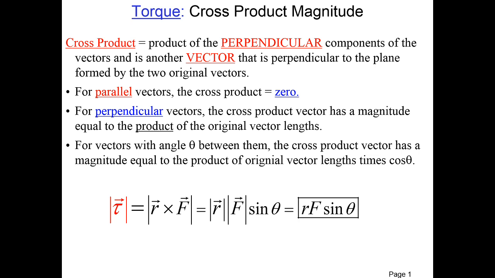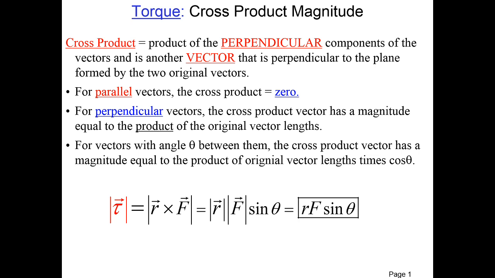So here, what we're trying to do is find the product of the perpendicular components of the two vectors. That means that if the two vectors are parallel to each other, exactly in line with each other, then the magnitude of the cross product is 0. And if the angle between the two vectors is 90 degrees, then the cross product is a maximum, being the product of the lengths of the two vectors.